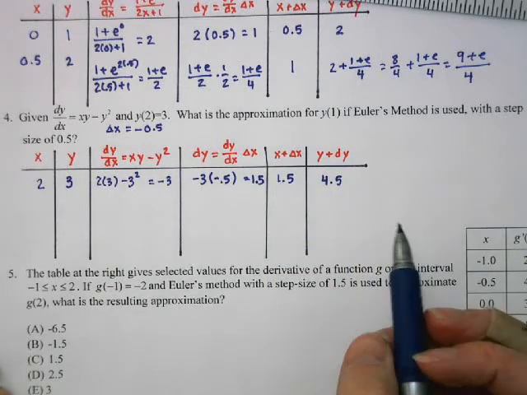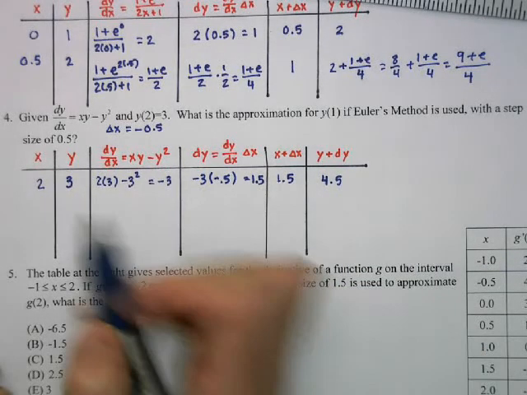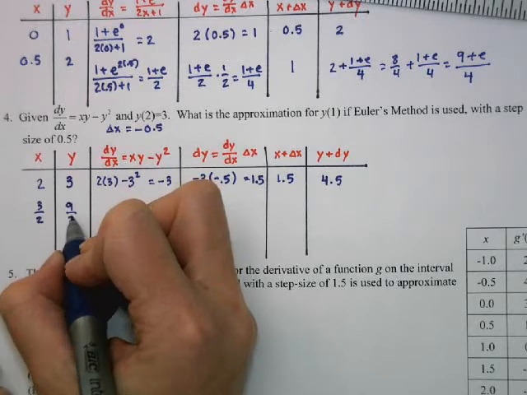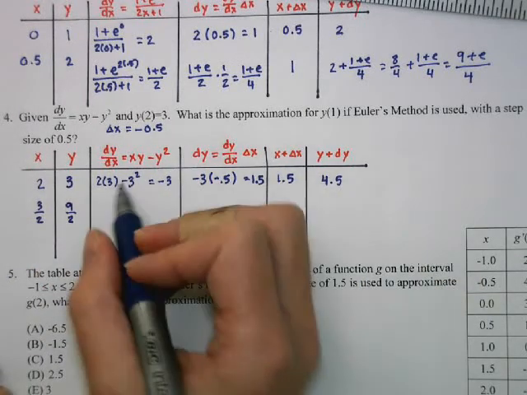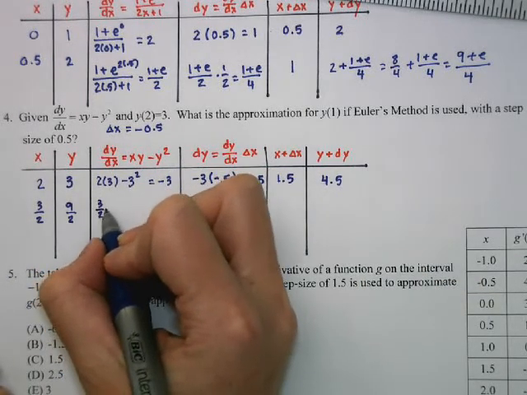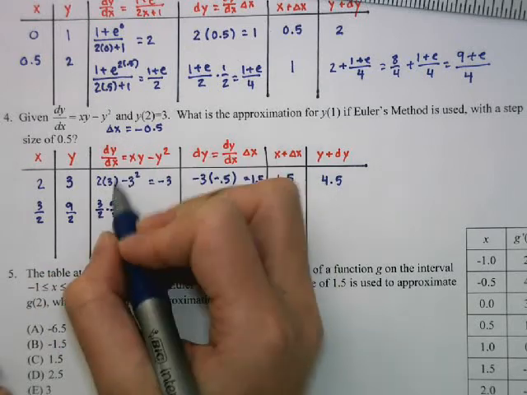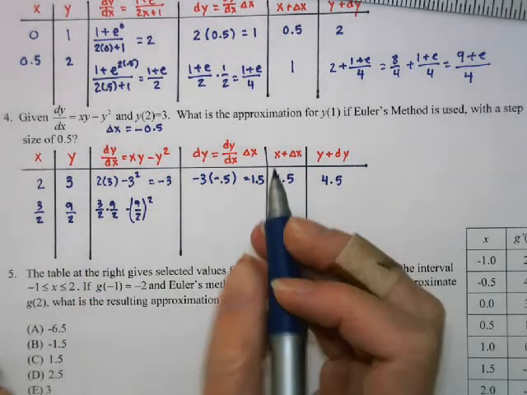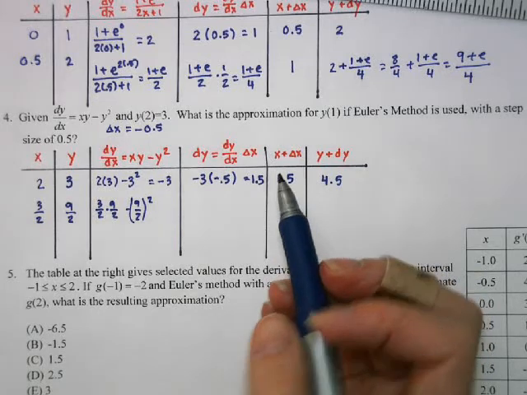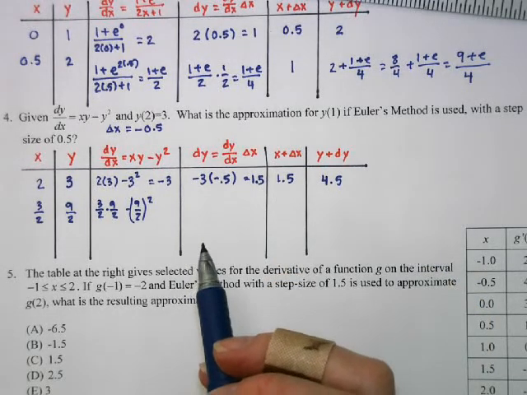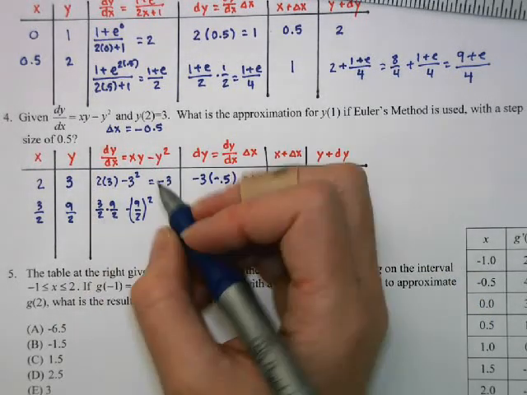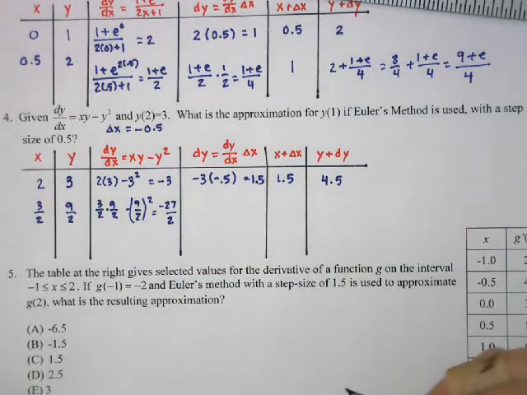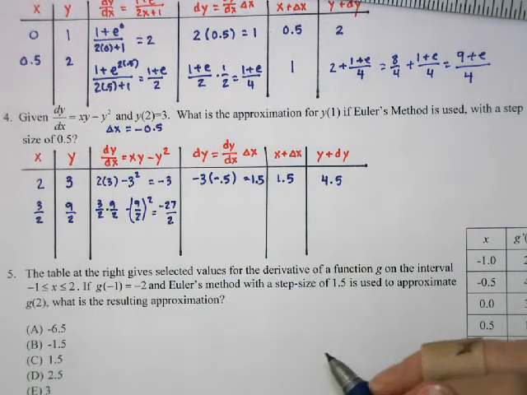Okay, I'm actually going to write these as fractions. It's going to make this calculation a little easier. So this is going to be 3 halves. This is going to be 9 halves. So here we're going to have 3 over 2 times 9 over 2 minus (9 over 2) squared. Okay, you can do all this math. I'm just going to jump to it: it is -27 over 2 when you subtract and reduce it.